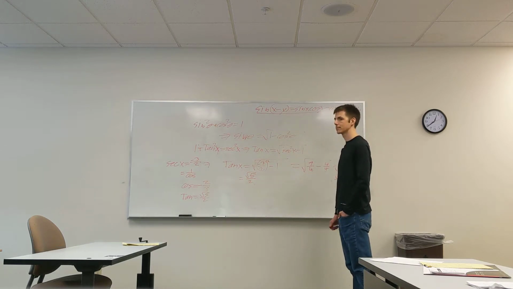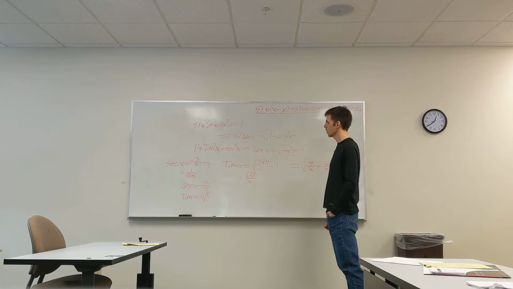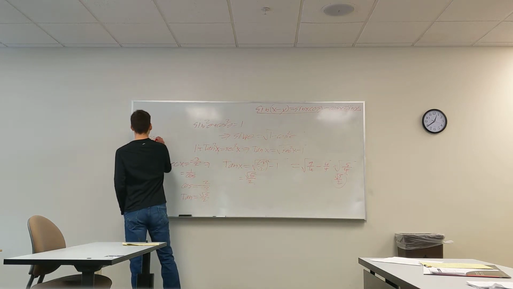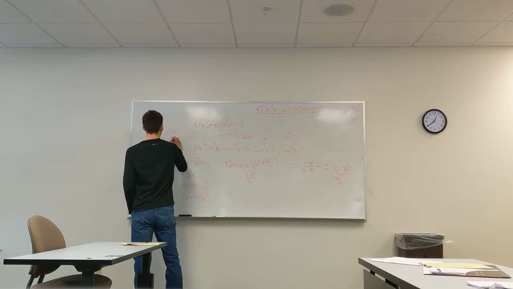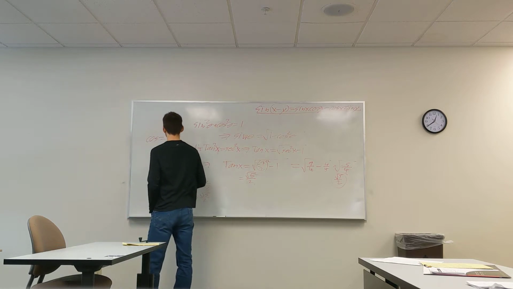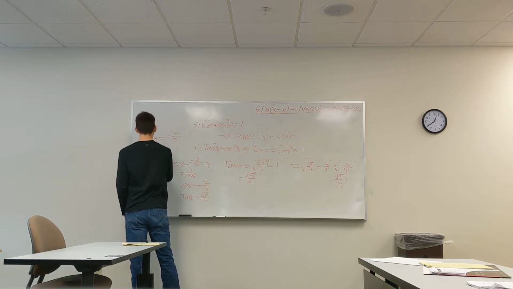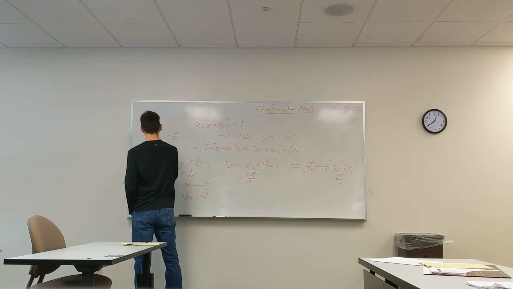Well, if it's secant though, then it's actually flipped. 1 over cosine. It should be 2, 3, because secant's reversed. So it is actually a triangle. The hypotenuse is 3 and then -2.